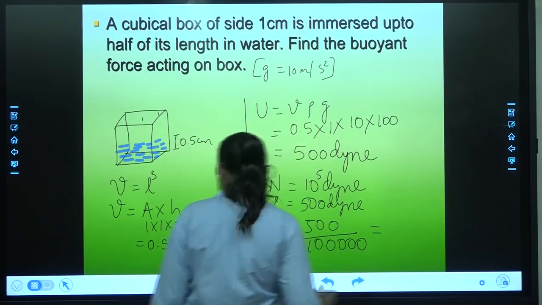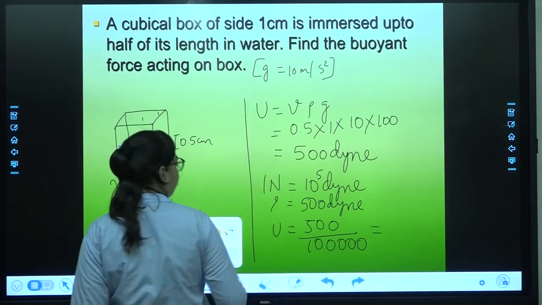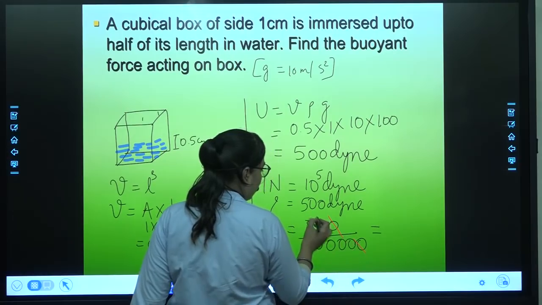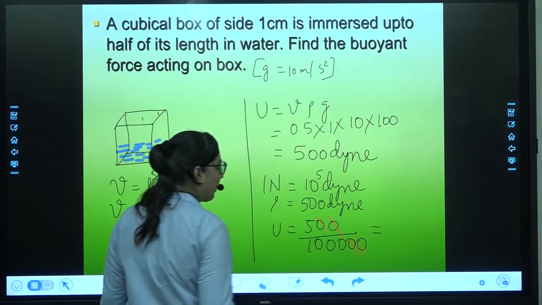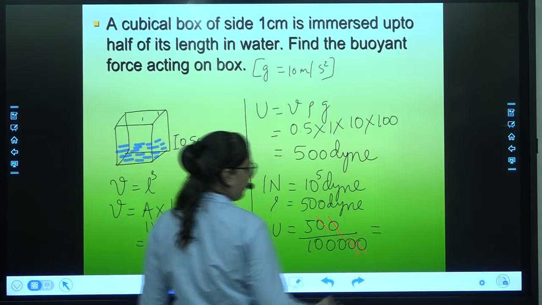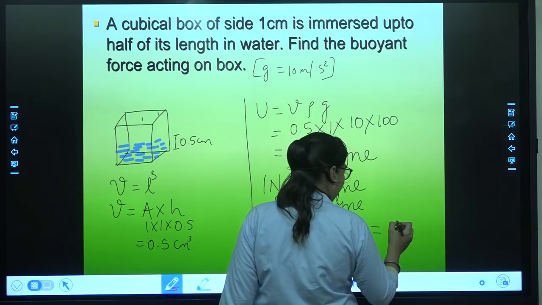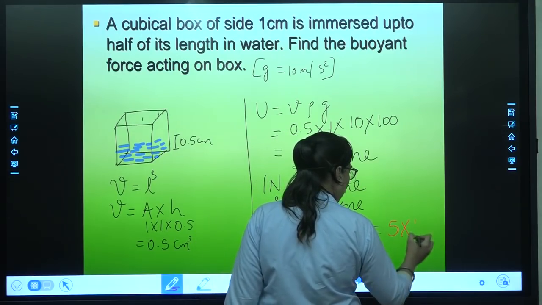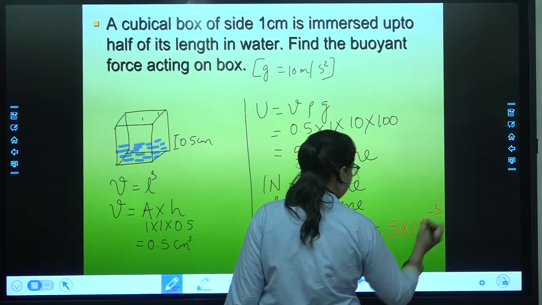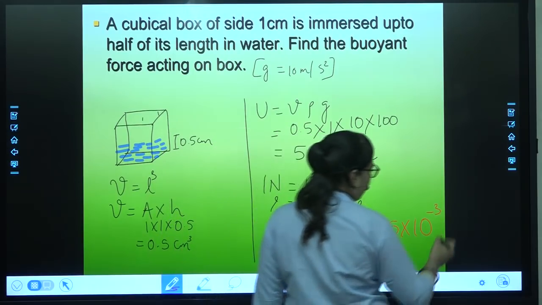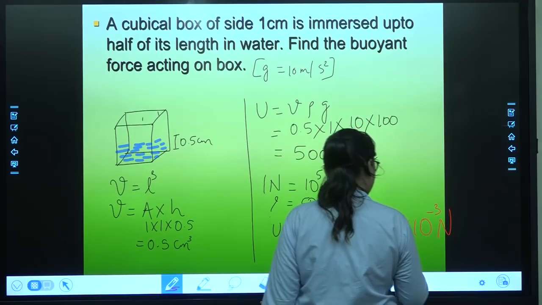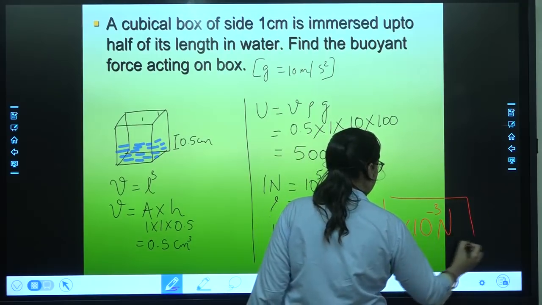Two zeros will get cancelled. So it's 5 by 1000. That is 5 into 10 raised to minus 3. Because it is a force, its unit is Newton. This is the answer.